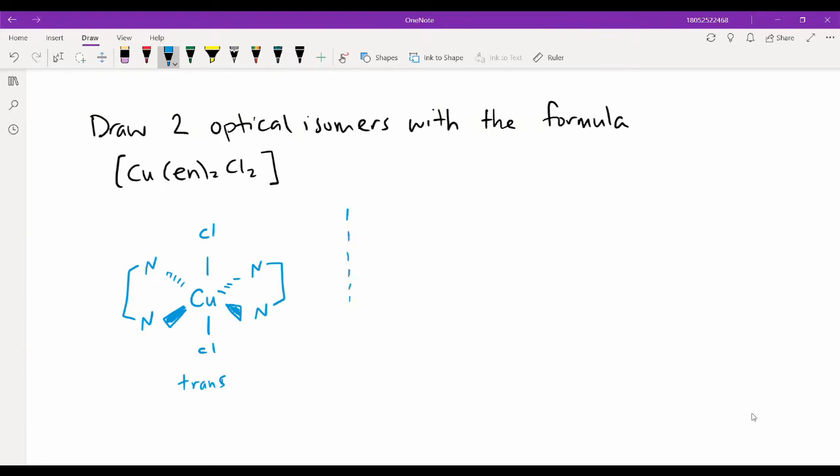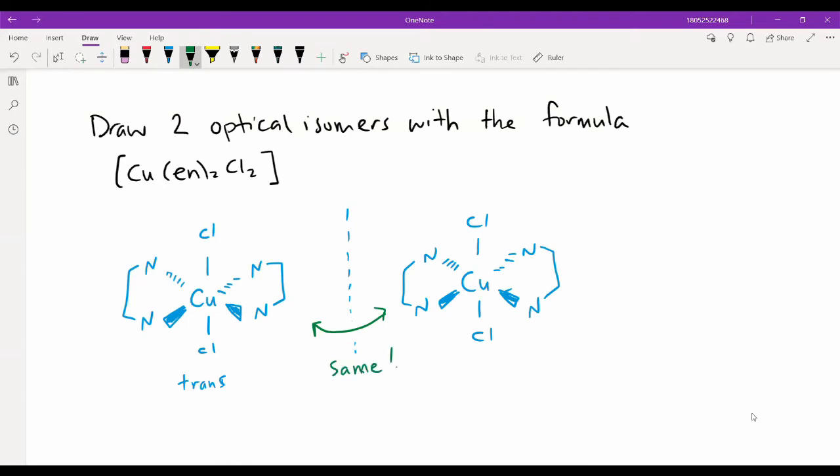So I'm going to draw my mirror image here, and if I reflect that compound, I get chlorines here and here, ethylenediamine here and here. Now I look at these 2 mirror images. Are they different or are they the same? Can I superimpose them? If I take either one, let's say the one on the right, I can see that I can just move it over. It's the same thing. So this is the same thing as that.